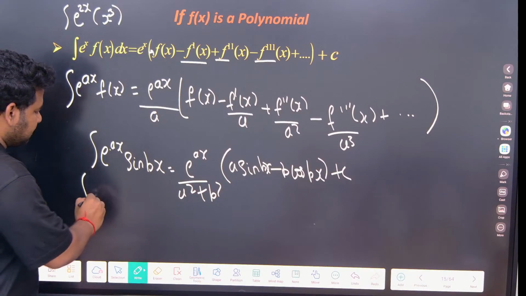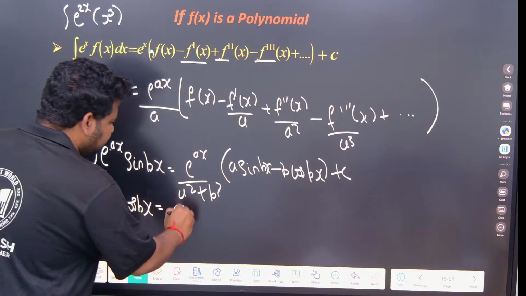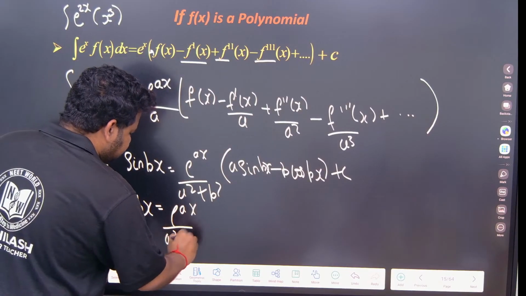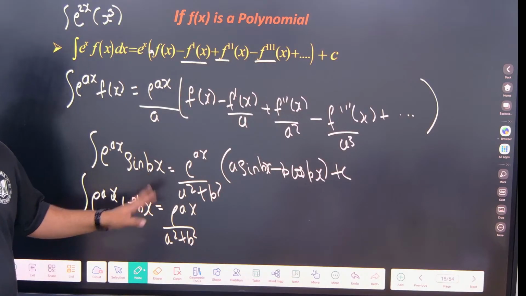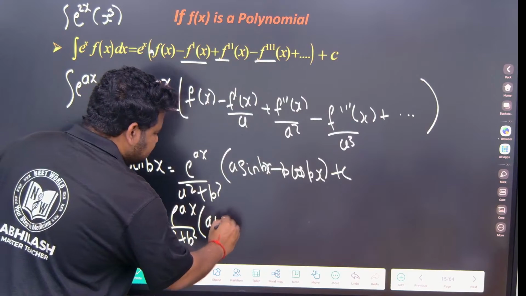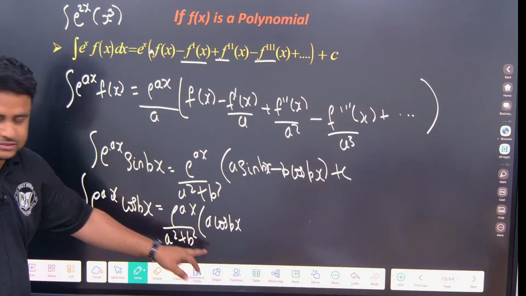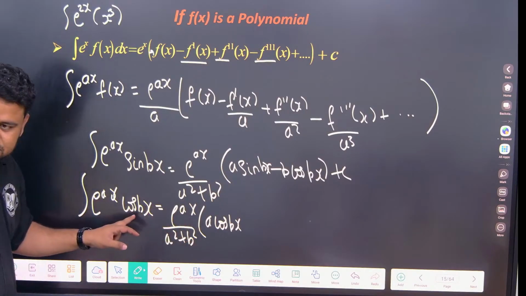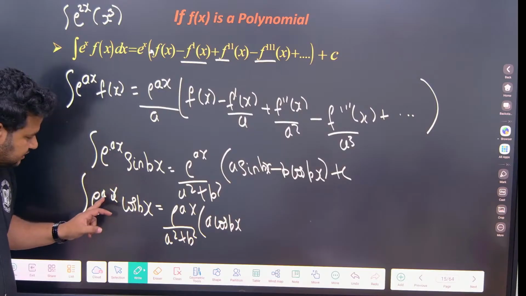Same thing if I talk about e power ax cos bx. This will be e power ax by a square plus b square, it is the same, nothing changes. Next, it will become a cos bx. What will change? Instead of a sin it is a cos.